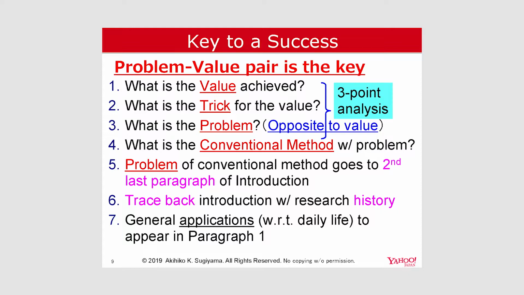Okay? So once you have followed up to the 4th stage, the next thing you are supposed to do is to put the problem of the conventional method and its description, of course, to the second last paragraph of the introduction when you write a paper.